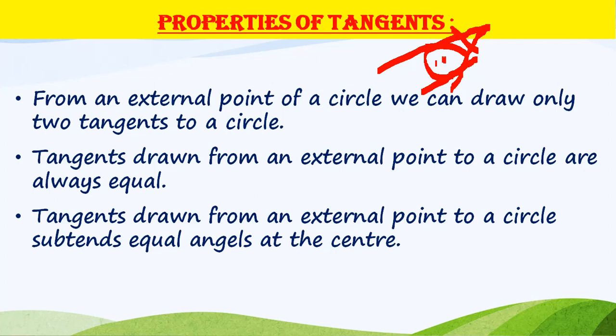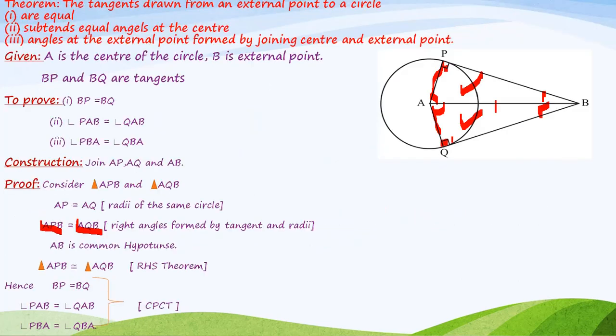When we join these two lines and the radii, we already know it subtends equal angles at the center. Angle A bisects and angle B also bisects. This is another property of tangents.